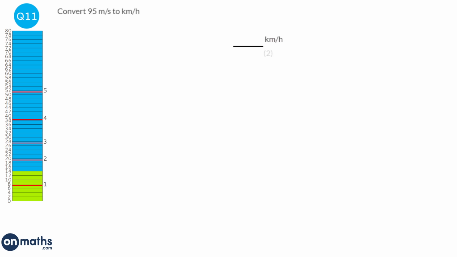So for this question, we need to understand that the units we currently have are in meters per second, and the units we want to convert them to are kilometers per hour. Now, to convert the meters part is quite easy, because all we need to do is divide by 1,000.